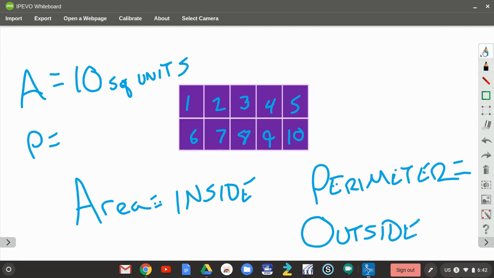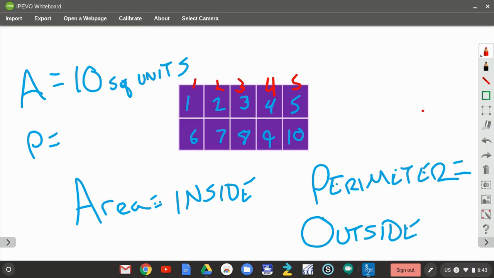Now, let's contrast that with the perimeter. The perimeter is the outside length. So to find the perimeter, I need to count the outside. In this case, each space counts as 1. So 1, 2, 3, 4, 5.